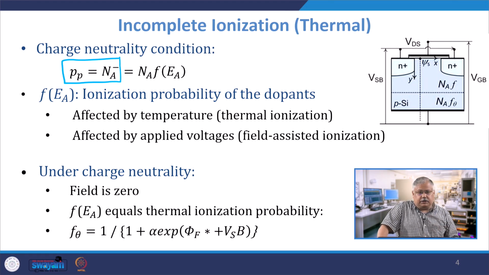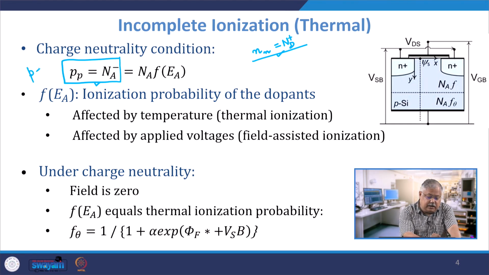Or I can say that the number of electrons in an n-type material must be equal to the number of donor species available. So, this and this are exactly the same. This is for a p-type semiconductor and this is for an n-type semiconductor, right.